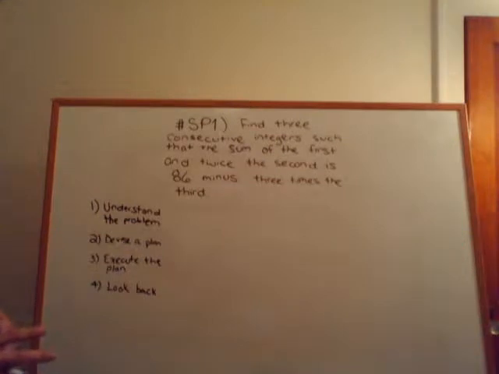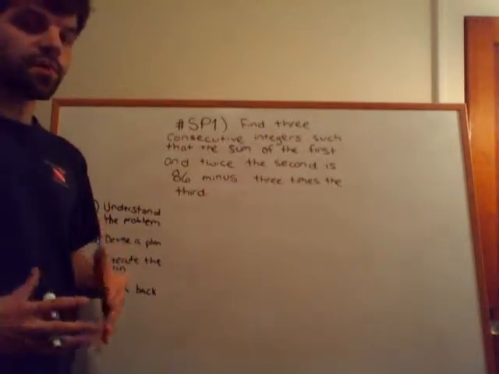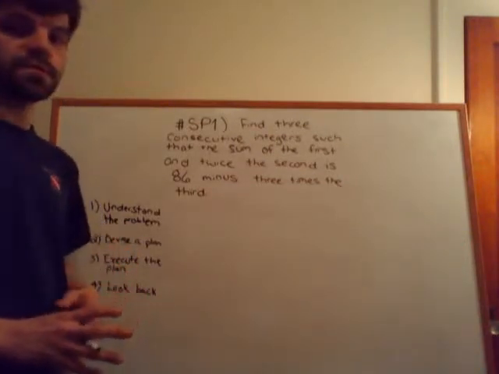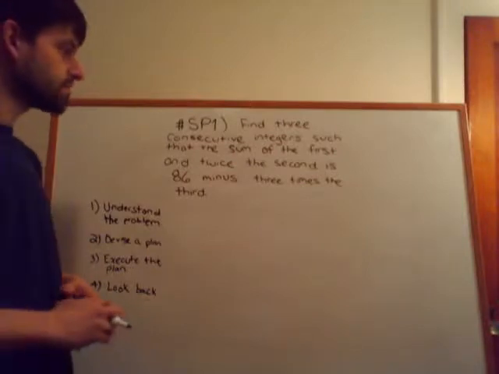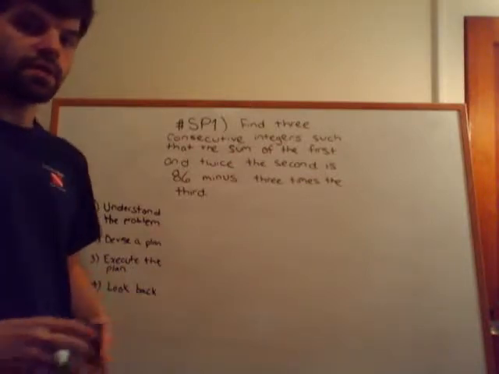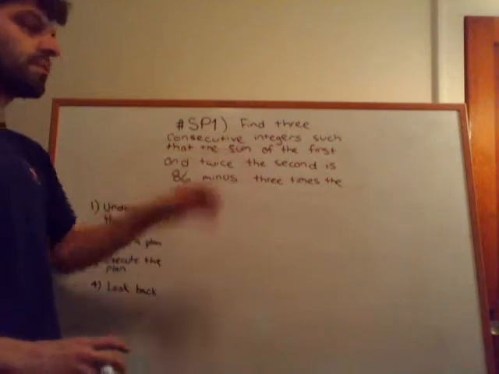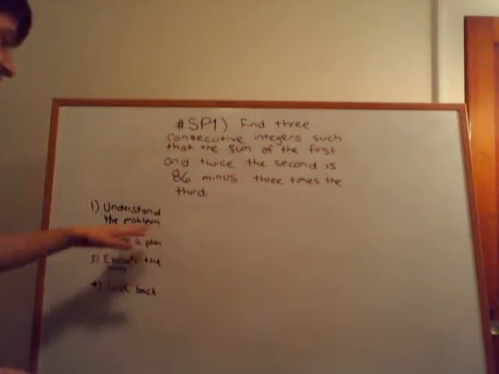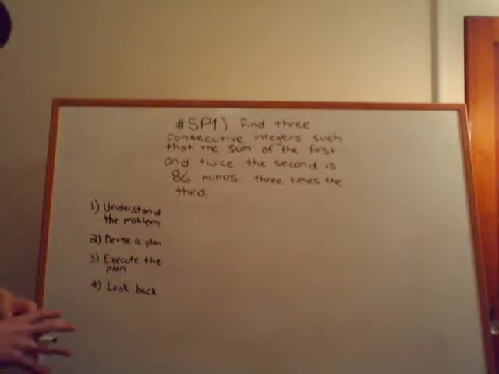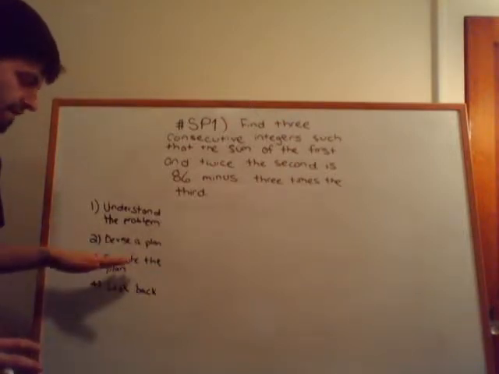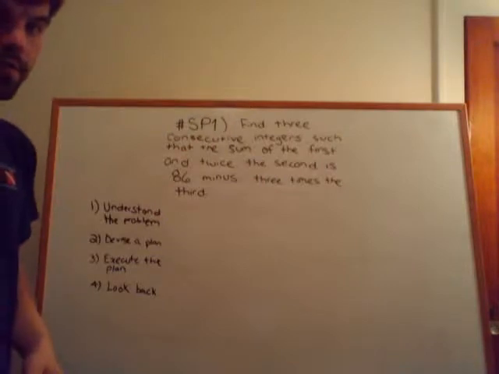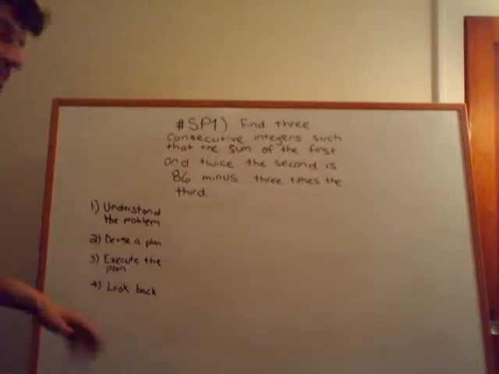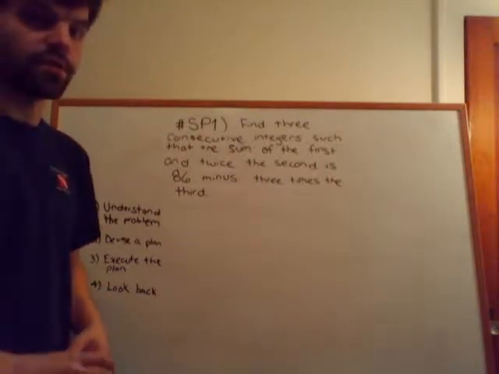The second step is to devise a plan. Now, this is probably the trickiest and most difficult step out of the four steps, because what you're trying to do is formulate an equation that you can use to solve for your variable given the circumstances in your question. But however, once you have that equation set up, you can execute the plan, which means carrying out your equation. Then the last step is one of the most beneficial steps, looking back.